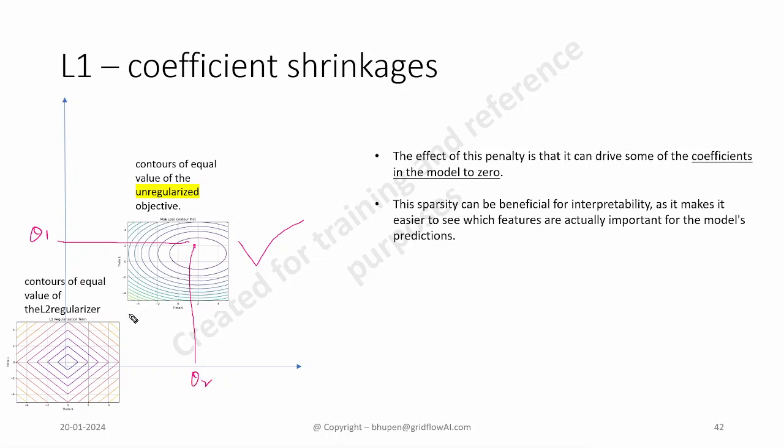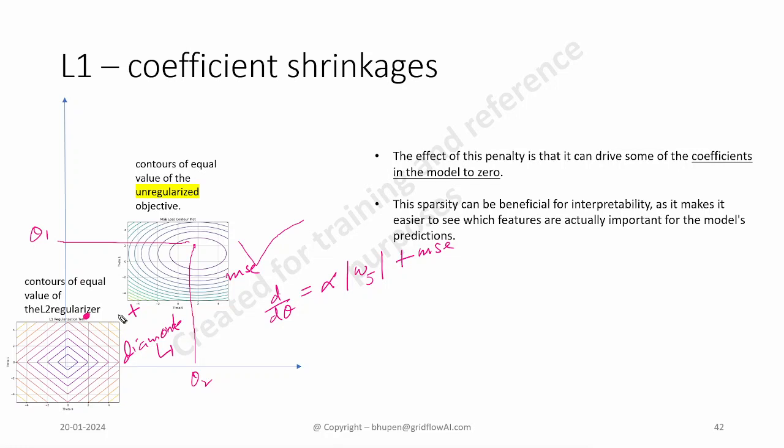Now, when you add the penalty term, which is basically alpha times the absolute value of wj, to the mean squared error, and then we take the minimum, when you minimize, it takes these two functions mathematically, and the point of contact of this diamond, which is your L1 norm, and this is your mean squared error, which is a normal training function or loss function.